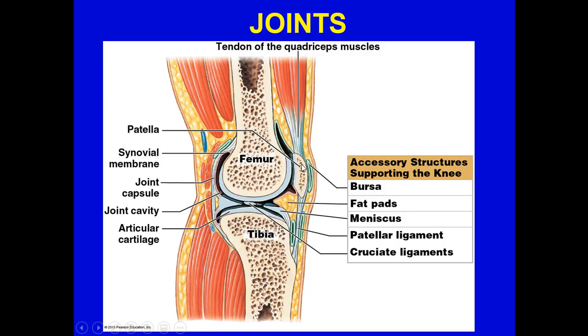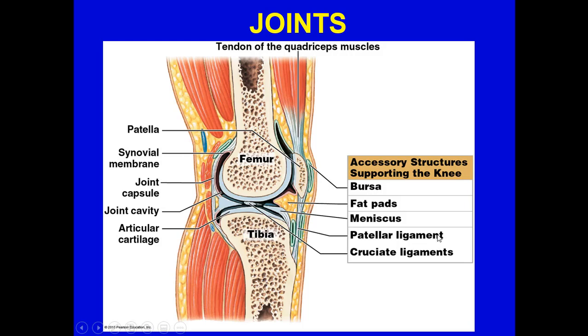Now notice that it's attached to the tendon of the quadriceps as well as the patellar ligament, okay? You have also on the outer side here, the joint capsule. You have fat pads here, here, here. And you will also see these fibrocartilage structures here called the meniscus, all right?